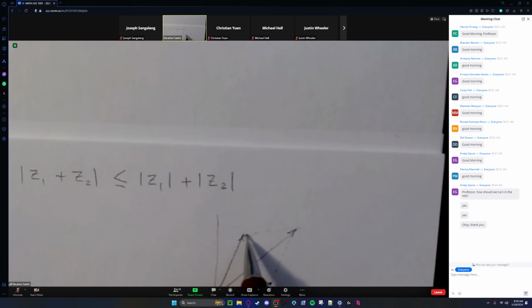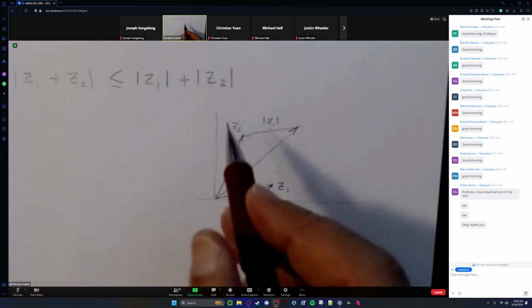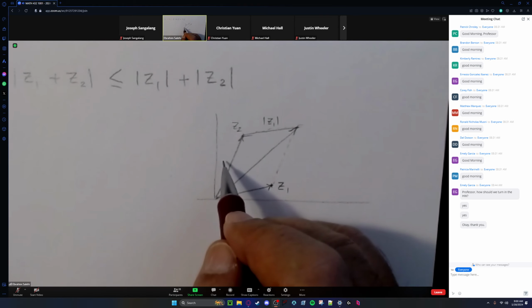So you look at this triangle. Modulus of z1 means this length, and modulus of z2 means this side.